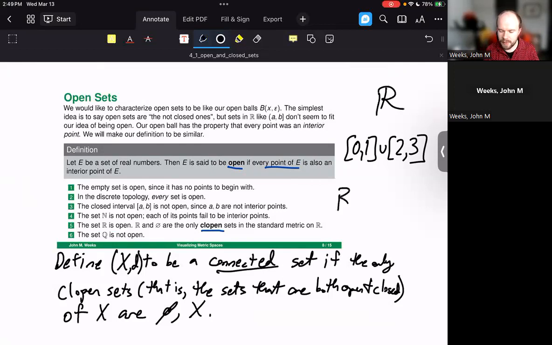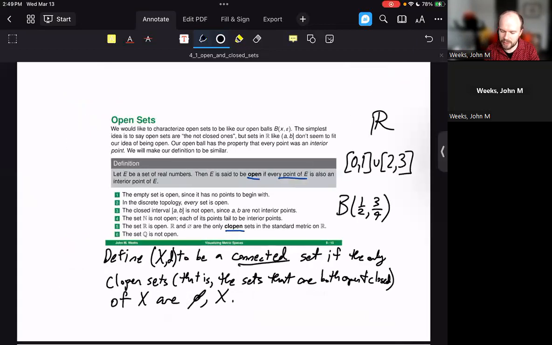Namely, if you take the ball of radius 3/4 centered at 1/2, then with respect to this set, remember that the way this ball is defined is you take this ball and look at its intersection. So let's say this is the ball in R of 1/2, 3/4, and we're going to take its intersection with the set [0,1] union [2,3]. Well, this is just going to be the set [0,1].